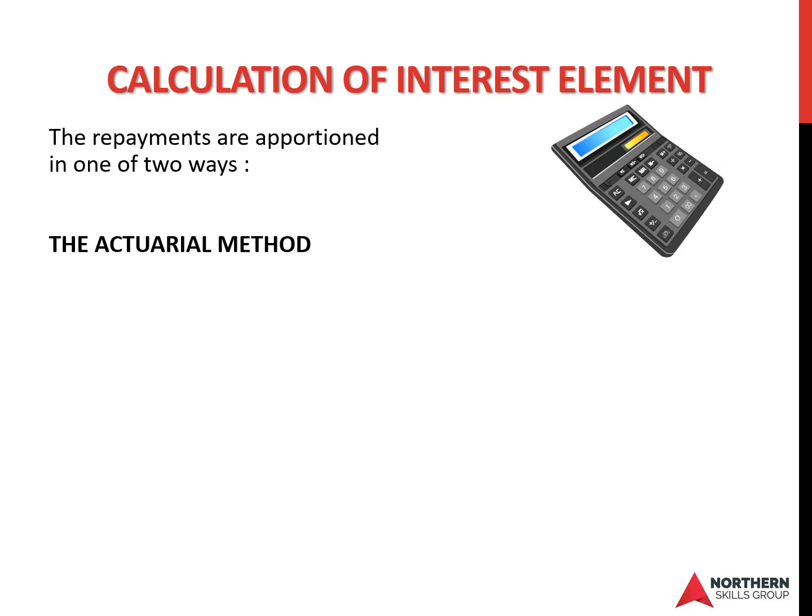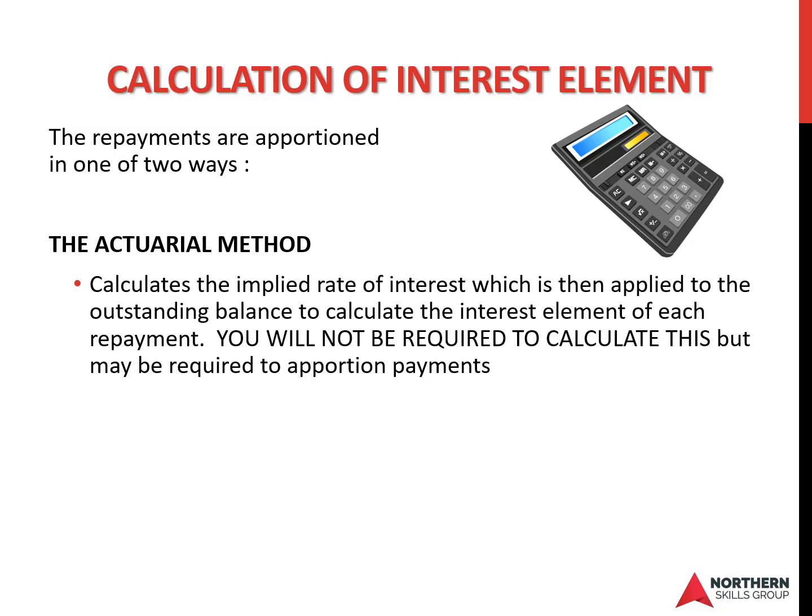Firstly, the actuarial method, which is the most accurate method, and the amount of interest will be given to you in the exam as a percentage of capital outstanding. So that's fairly straightforward, and you won't be required to calculate the rate of interest using that method.